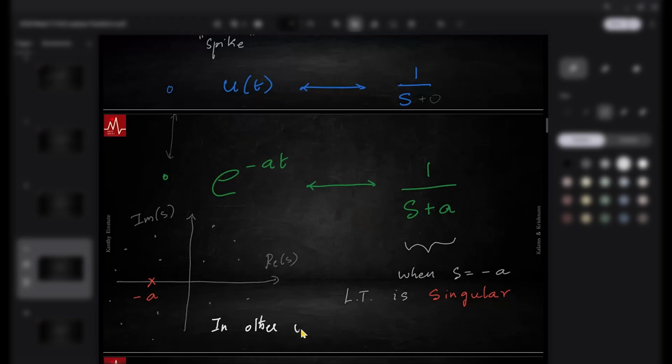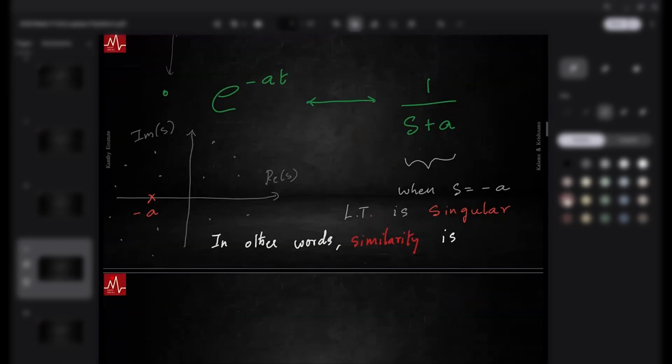In other words, similarity is highest at s equals minus a.